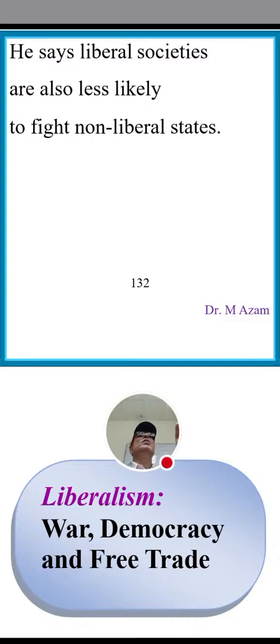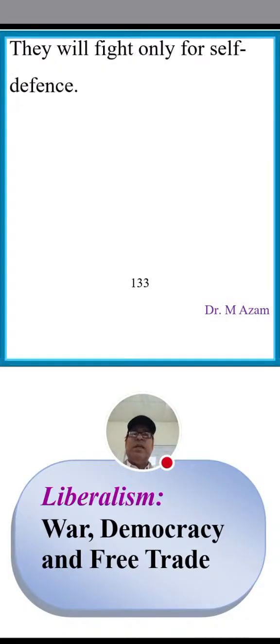So, although democratic states fight wars against undemocratic states, even then they are less likely to fight wars against undemocratic states than the authoritarian states. Authoritarian states are more likely to fight wars against all others. They will fight only for self defense.